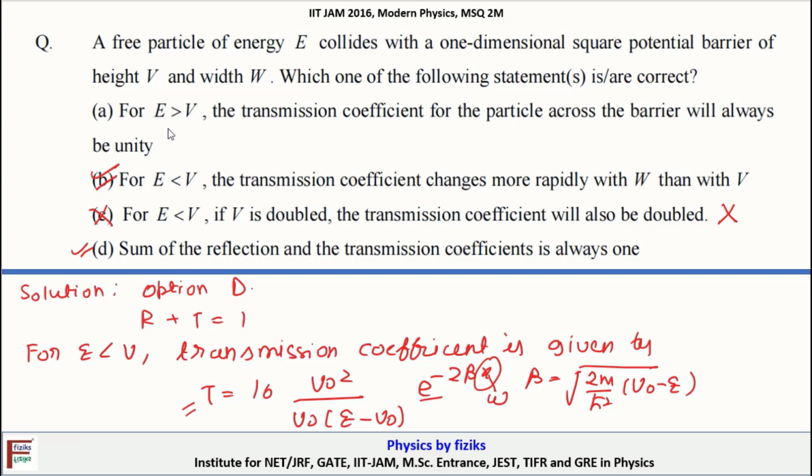C is incorrect. B is correct with regard to case E greater than V. If E is greater than the height, the question is saying transmission probability is 1, but we know for this case there is some reflection of the particle from the barrier.